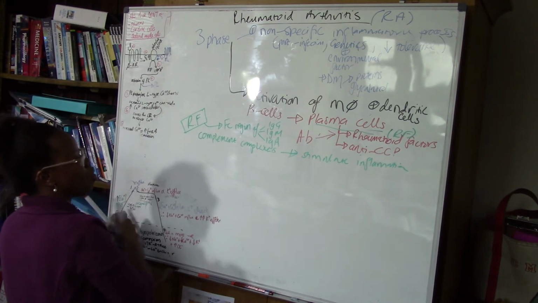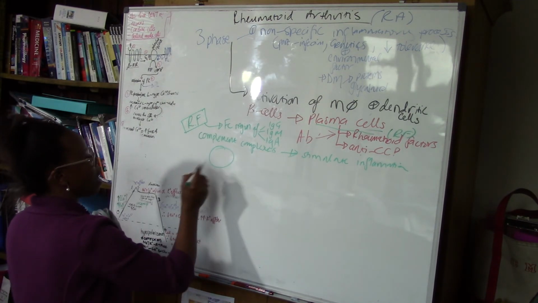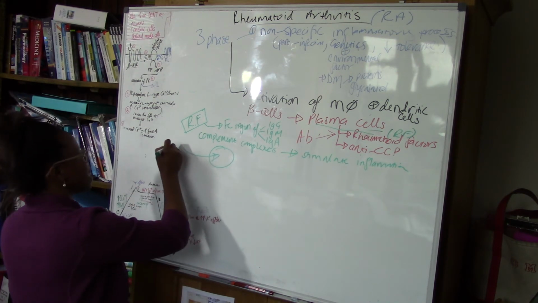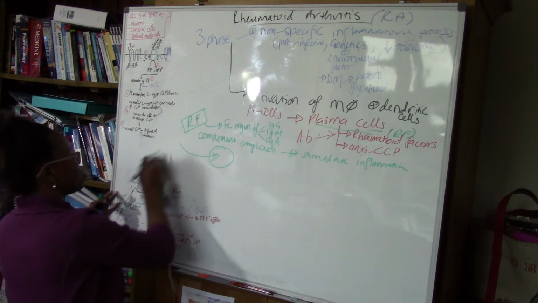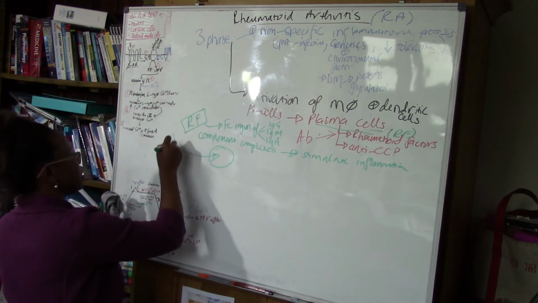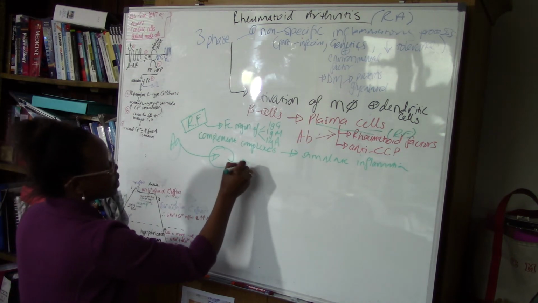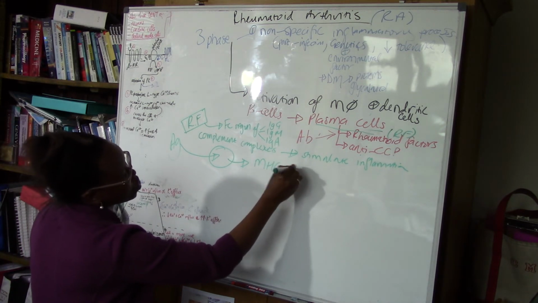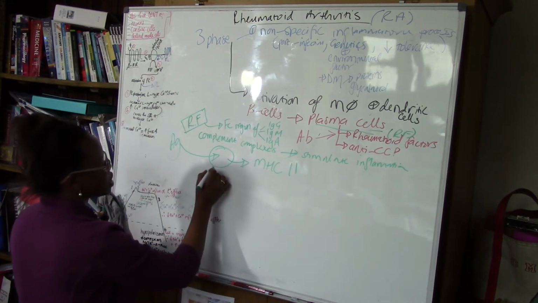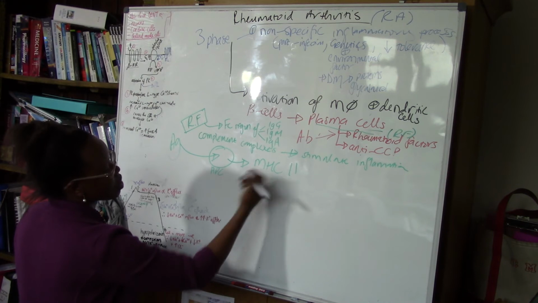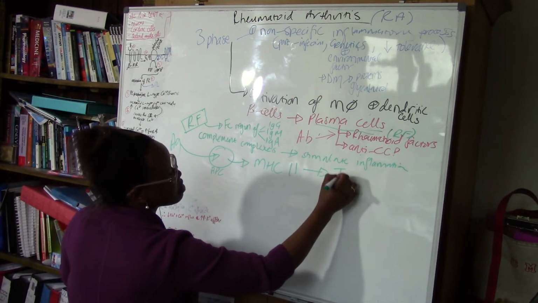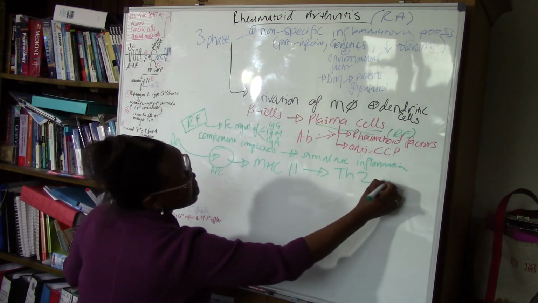Once they engulf, these macrophages take up whatever it is that primed them, an antigen, shall we say, and then present it on their MHC2, because of course they are antigen presenting cells, and that presentation activates the T helper 2 cells.